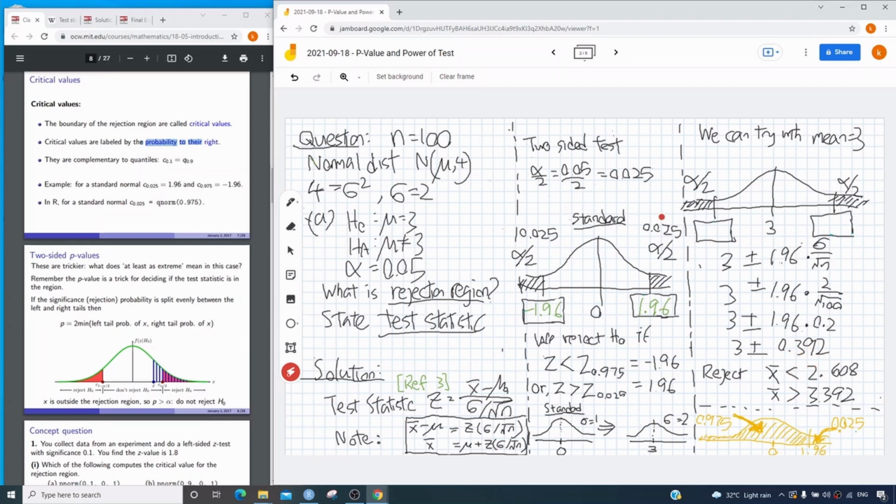So we get the value on the left as 2.608, and the value on the right is 3.392. Okay, so now we have solved part A of this question.